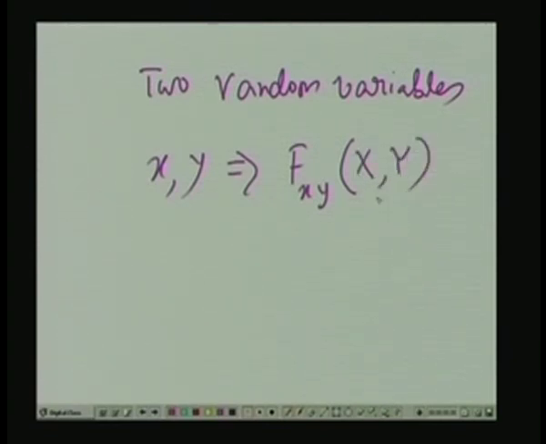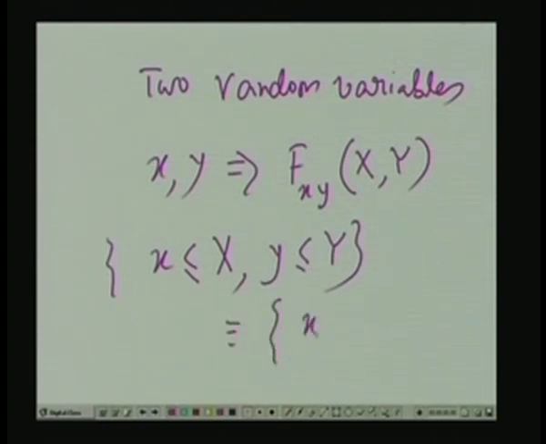Now, what does it mean? Let us give a definition. We consider the event: this random variable x taking value less than or equal to some given number capital X, y taking value less than or equal to some given number capital Y, which actually means this pair is taking value from a particular region D in the xy plane.